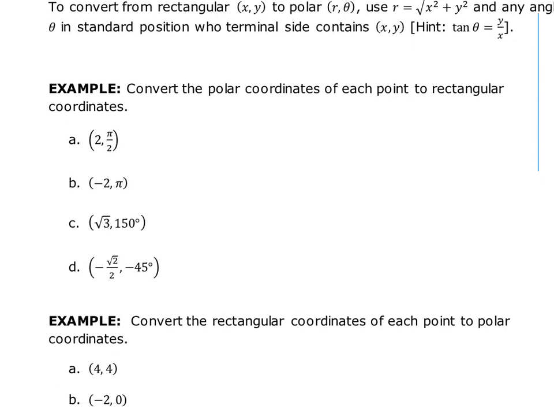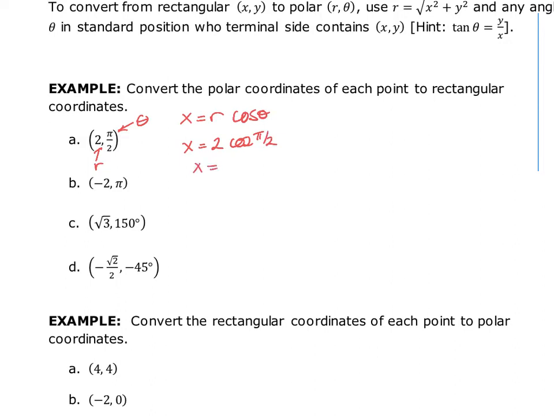So if I'm trying to convert these polar coordinates into rectangular, then I have to identify what I have. This is my r. This is my theta. X is equal to r cosine theta. So x must be equal to 2 cosine of pi over 2.